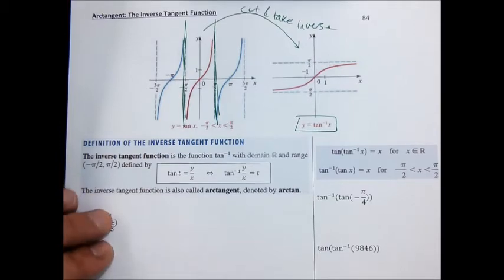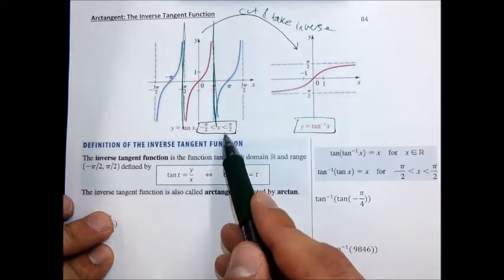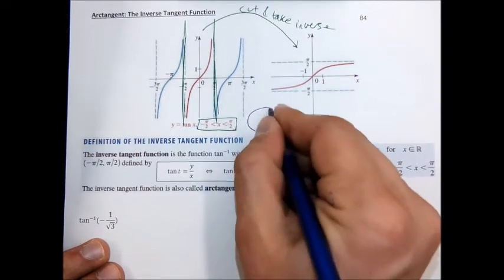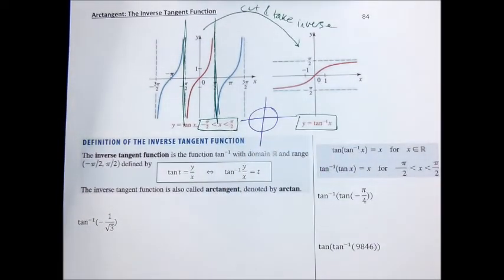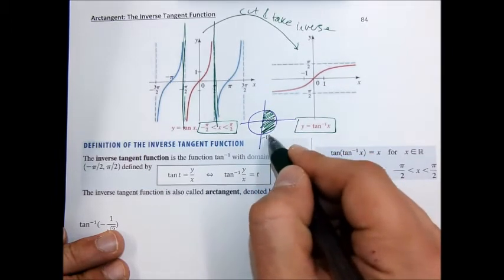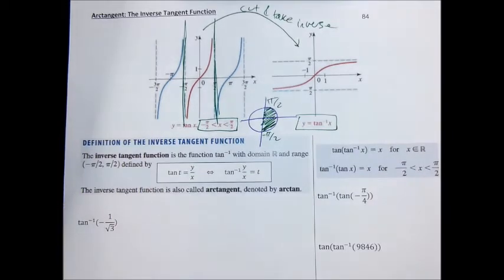The main thing that I want to focus in on is that we're talking about the same interval as sine. So we're talking about from minus pi over 2 to pi over 2. On the unit circle, that's, again, the right-hand half. And again, sometimes we refer to this as arctangent or arc.